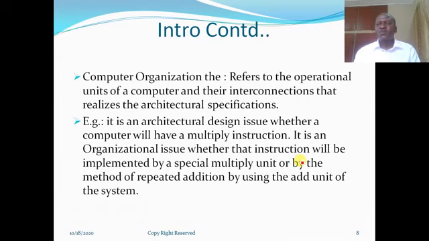So in other words, the computer architect reels out a detailed description while the computer organizer realizes what has been spelled out in the specification that has been specified by the computer architect.